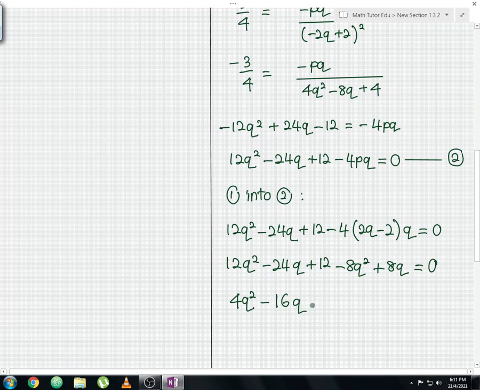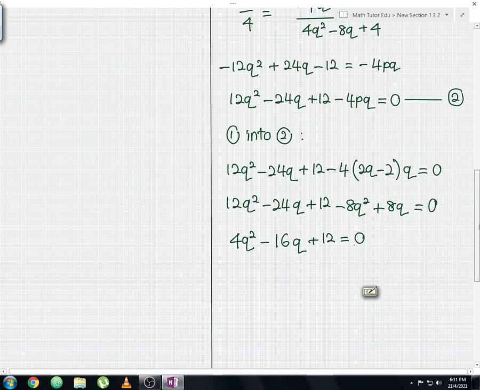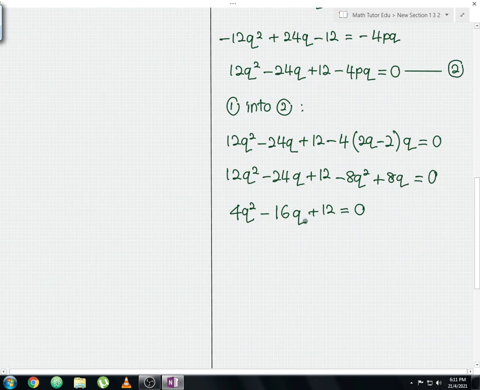And then you plus 12 equals to 0. So this quadratic equation we can further simplify by factoring out the 4. So you divide the whole equation by 4, and you left with q square minus 4q plus 3 equals to 0.